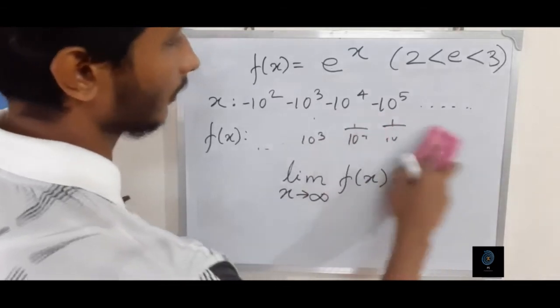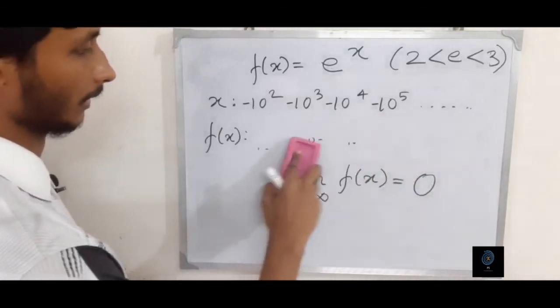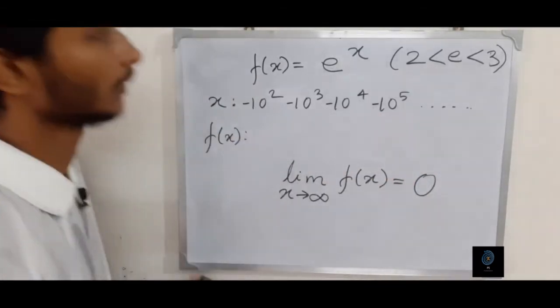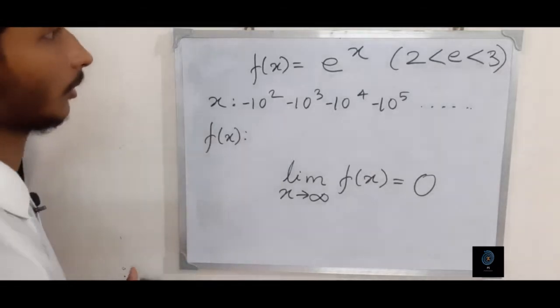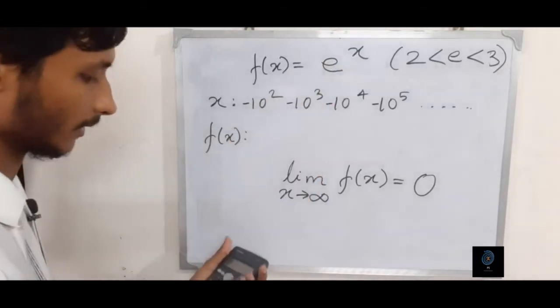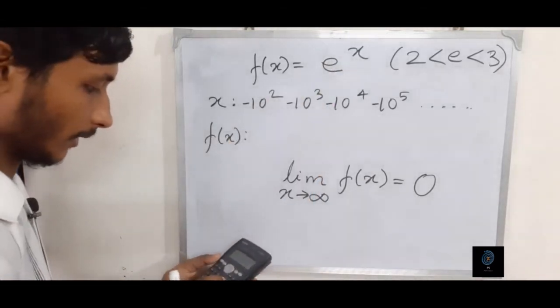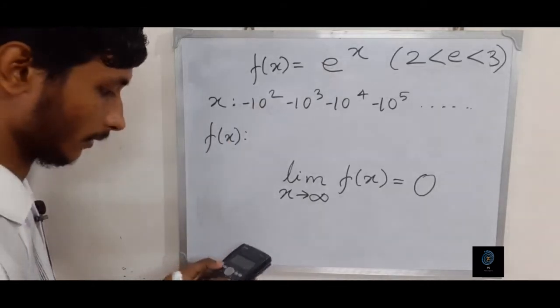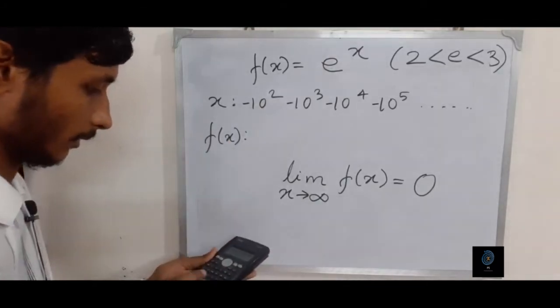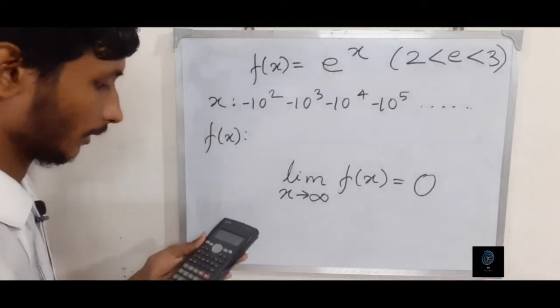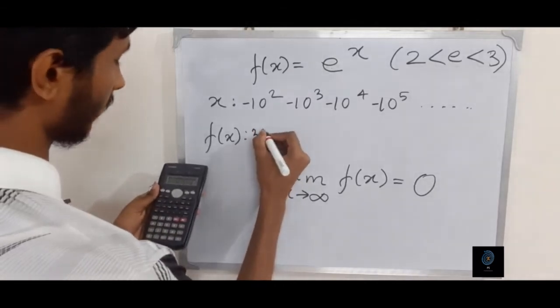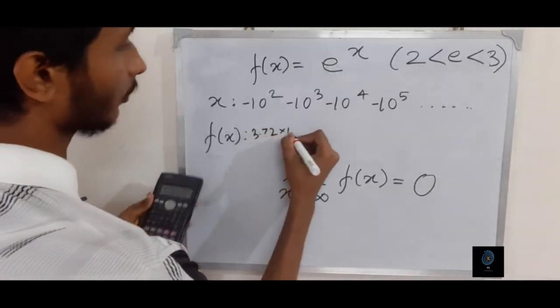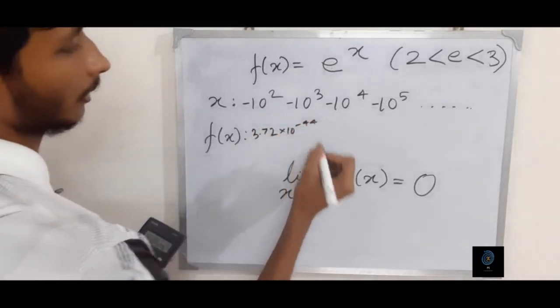In this case, we will need a calculator, as I cannot calculate e to the power x mentally. So what is the value of e to the power -100? We will see with the help of a calculator. It is about 3.72 into 10 to the power -44.